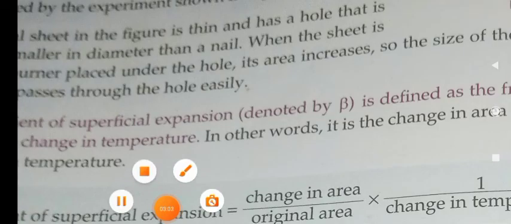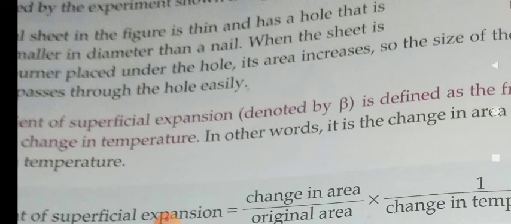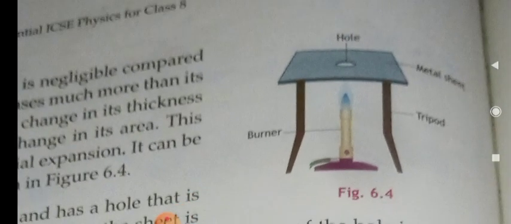Now the next one is superficial expansion. We have learned what is linear expansion. Now we are going to learn about superficial expansion. What is superficial expansion? If a sheet whose thickness is negligible compared to its length and breadth is heated, it is a very thin sheet.